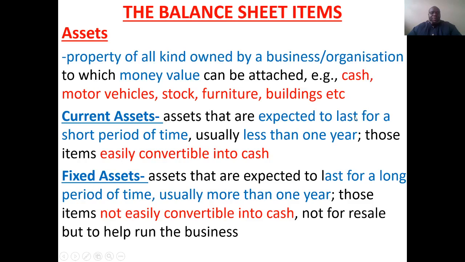Current assets are expected to last for a short period of time, usually less than 1 year, and they are those items that are easily convertible into cash. And fixed assets are assets that are expected to last for a long period of time, usually more than 1 year. And those items are not easily convertible into cash. They are not for resale, but to help run the business.